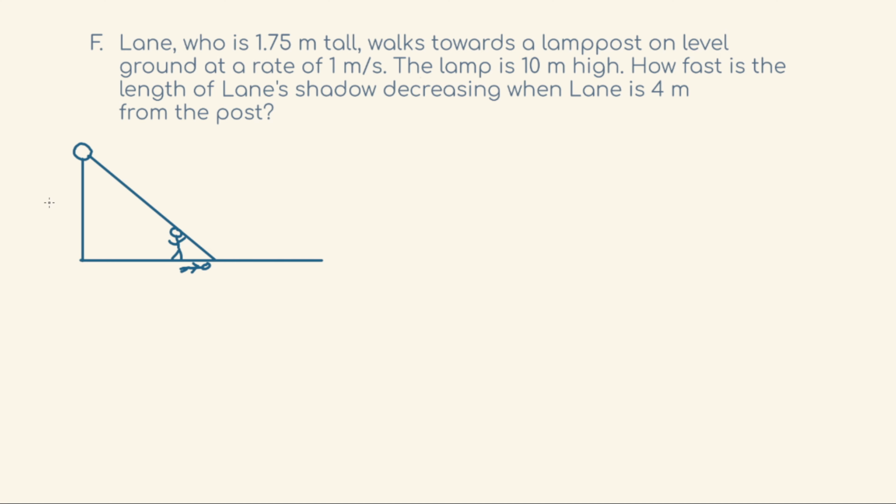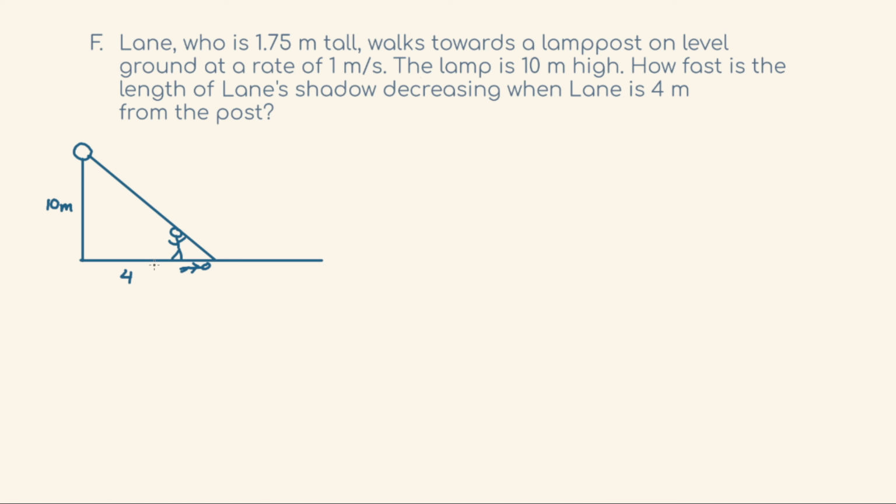Okay, so let's label this diagram a little bit here. We know this lamppost is 10 meters high, and that's not changing throughout the question. So we can label that as 10 instead of a variable y. That's always going to be constantly 10. On the other hand, some people might put this as 4, because the question's asking how fast this shadow is decreasing when Lane is 4 meters from the post.